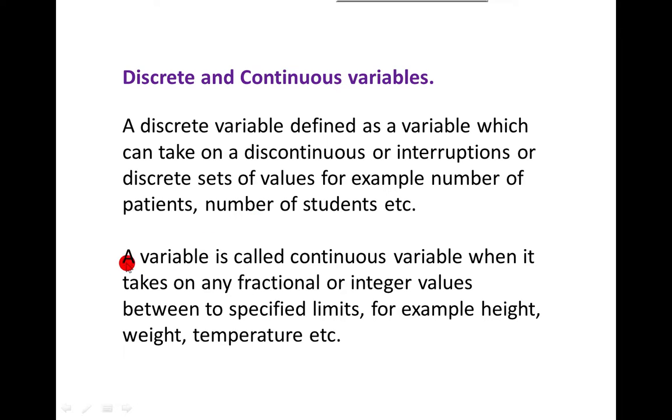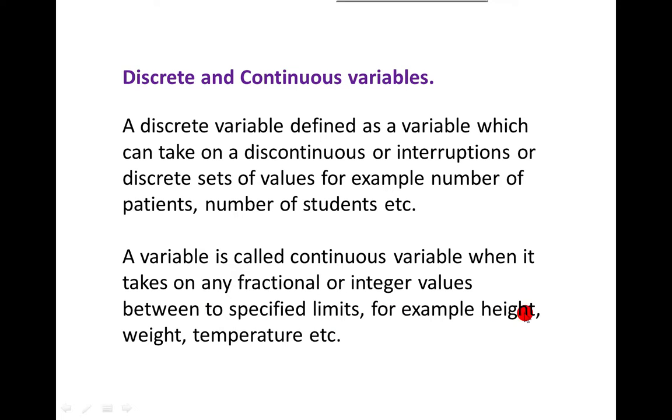Another type of variable is called a continuous variable, when it takes on any fractional or integer values. Fractional means in fractional form like 10.5, 3.6, etc. Or integer, maybe in whole number, maybe in fractional form, root 2, root 3 upon 2, etc. Values between 2 specified limits.